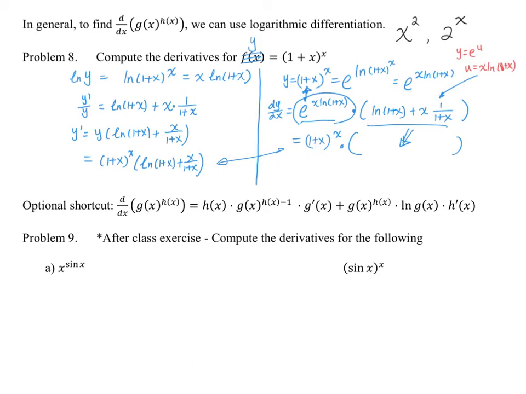Either way, you could certainly see that this original function can be written as e to the h(x) times ln(x). And then when you find the derivative of that, it will be e to the u, where your u is, actually I made a little typo there, ln of g(x).